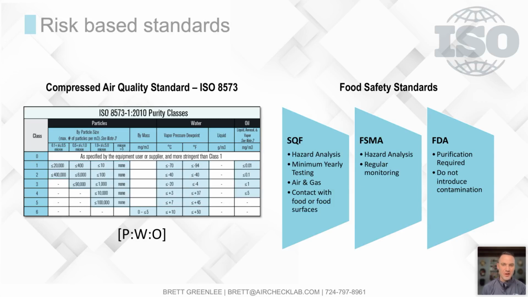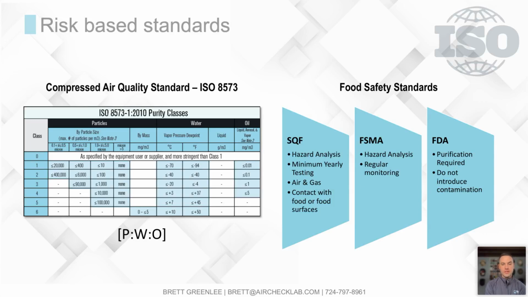With the exception of the BRC, which gives you a little more guidance and direction, the SQF requires a hazard analysis, minimum yearly testing for compressed air, and the Food Safety Act also requires a hazard analysis along with regular monitoring, and the FDA just says purification required and do not introduce contamination.